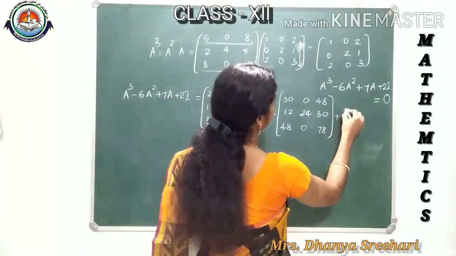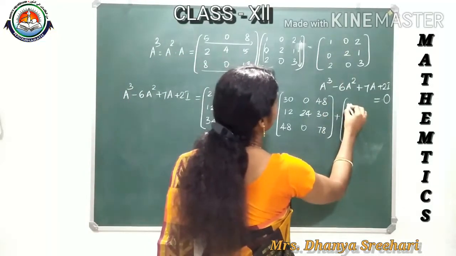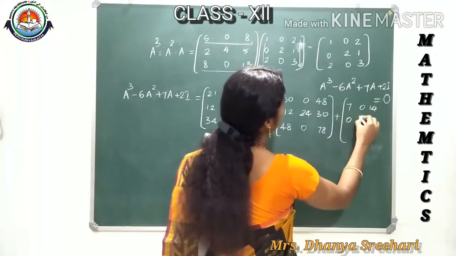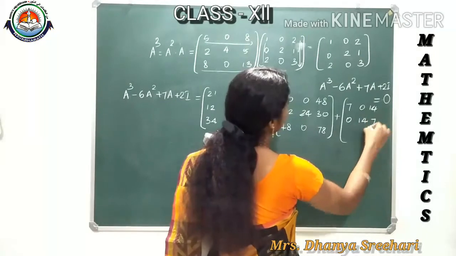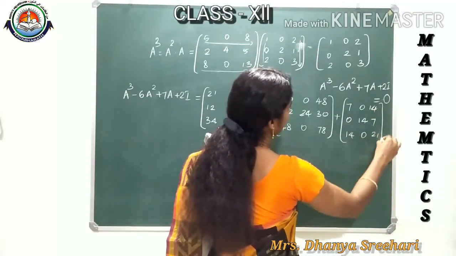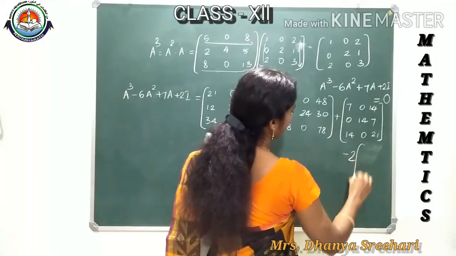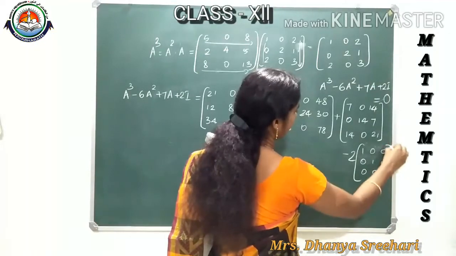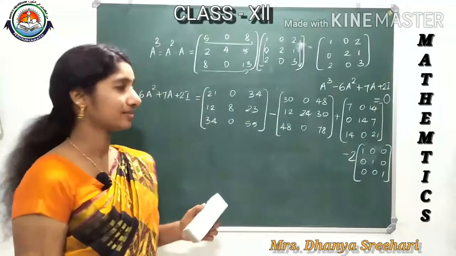Plus 7a. So a multiplied with 7: 7, 0, 14, 0, 7, 2 7s are 14, 7, 14, 0, 7 3s are 21. Minus 2 into matrix 1 0 0, 0 1 0, 0 0 1, the identity matrix with order 3.